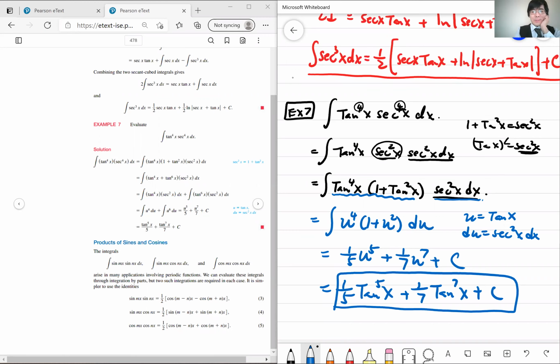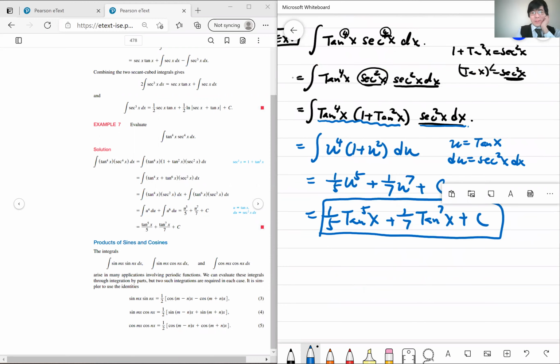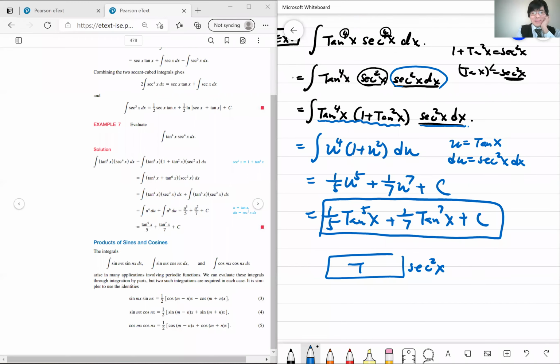So like the one for the sine and cosine case, when you have even powers, leave secant square and make everything into tangent. If you can do that, that's good. Another idea is make everything in terms of secant and secant times tangent. So when you have odd number of tangent, this might be useful.